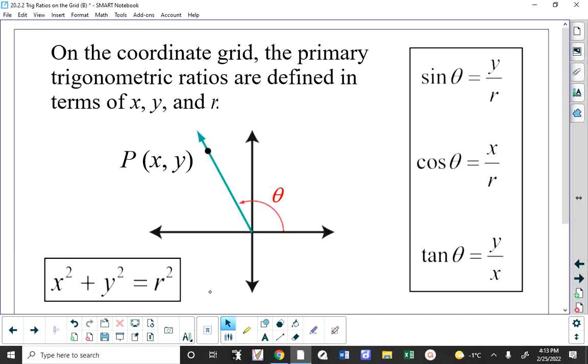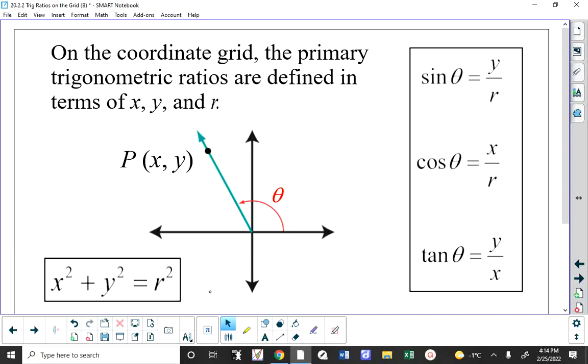So what we ended up doing in the previous lesson was we said, let's dispense with the idea of opposite, adjacent, and hypotenuse, because when you look at rotation angles, the angle that we're talking about is not an angle inside of a triangle. So it makes no sense to talk about opposite, adjacent, or hypotenuse.